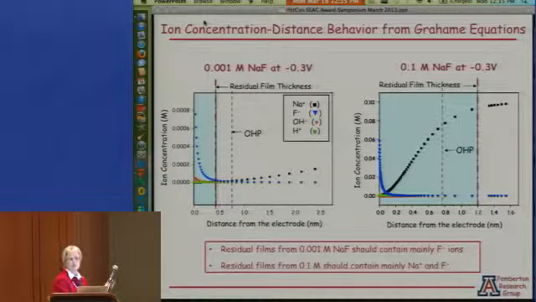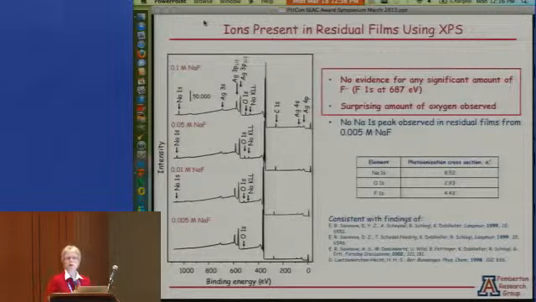And these calculations were done for immersion on a positively charged electrode. Whereas at high concentrations of electrolyte, you should have not only fluoride ions, but also sodium ions in this thicker film that actually comes out of solution. And so we set about then proving that that's what we did or did not have, and again, more surprises.